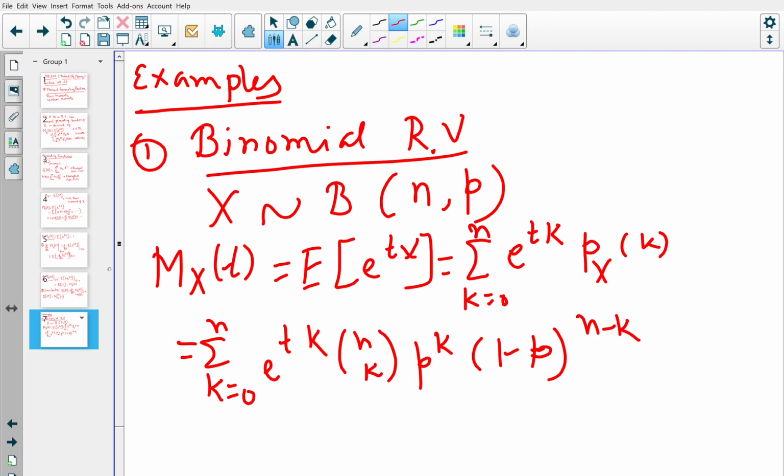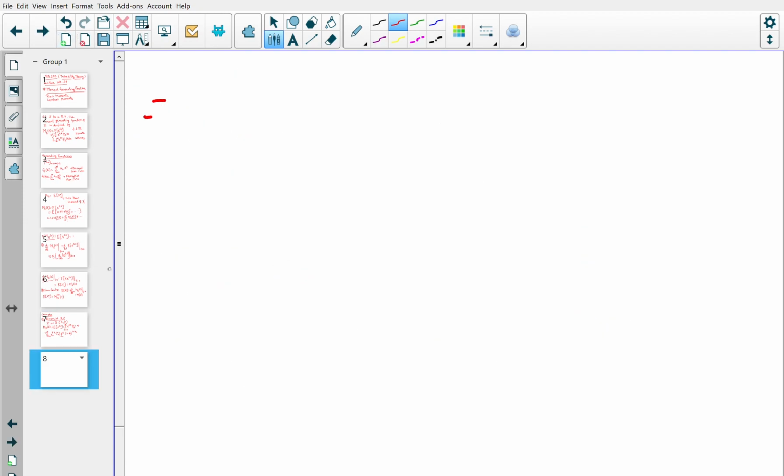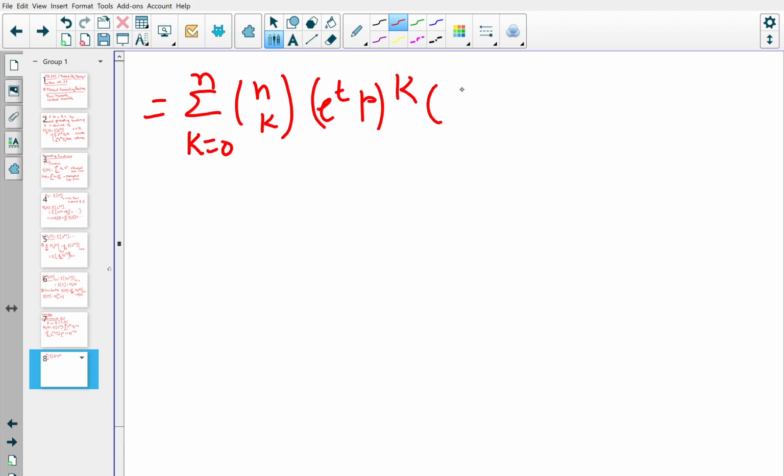So I just use the probability mass function of binomial random variable with parameters n and p, and now we need to just manipulate. See, this term and this term we can take together, and then you can write it down as summation k equal to 0 to n, n choose k, and you see (e power t times p) whole to the power k, and then (1 minus p) to the power n minus k.